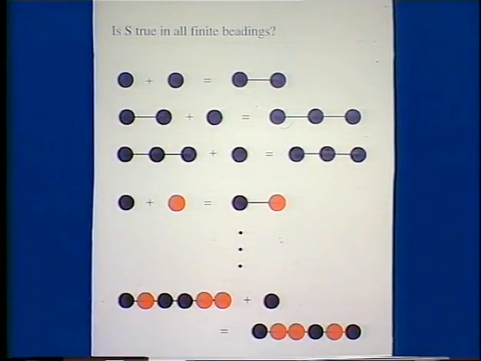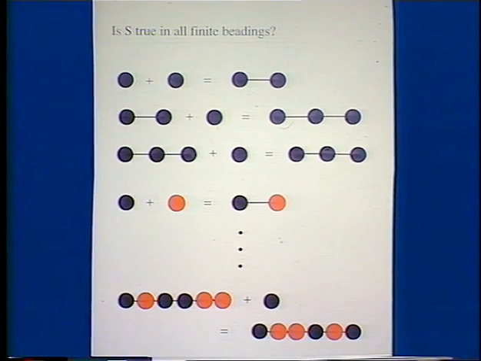Nevertheless, Fraïssé found a way of doing it. And the method is as follows. Suppose we take our sentence S. We calculate, by the normal form theorem, a number n such that whether S is true of a beading depends only on the n equivalence type of the beading.